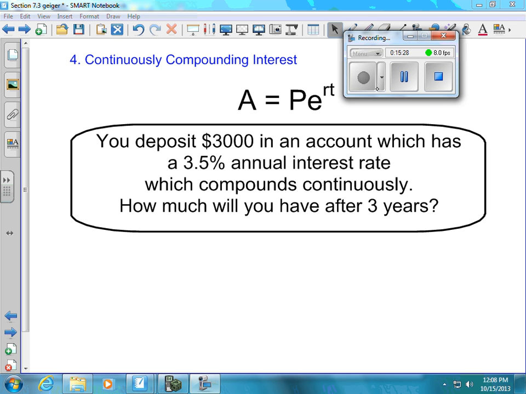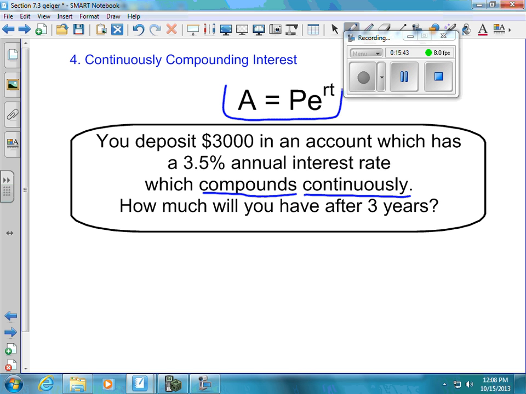What is the key word in that sentence? The key word for the compounding of interest is continuously. When you hear compounds continuously, that tells us that we're using the PERT formula. Other interest compounding, you would use the compound interest formula or the general interest formula. For this one, if it's compounding continuously, we need e.